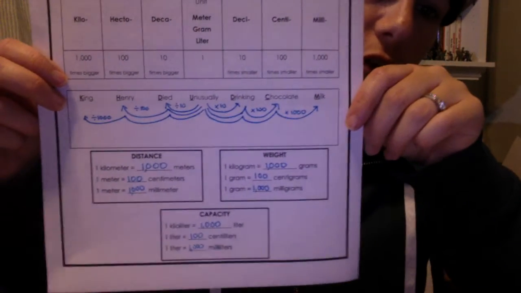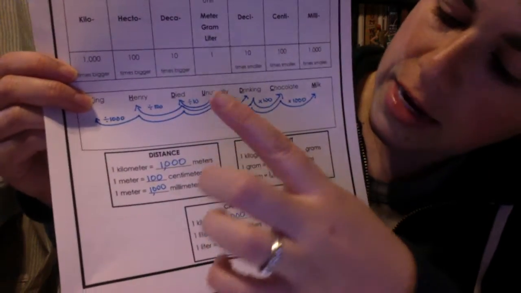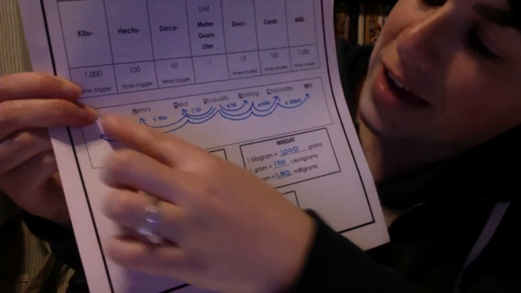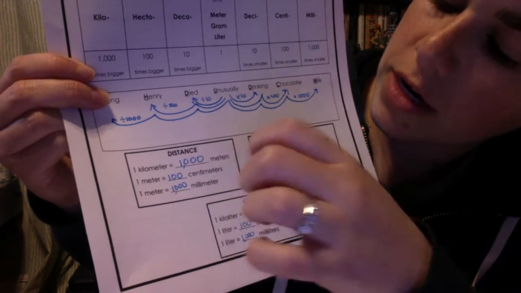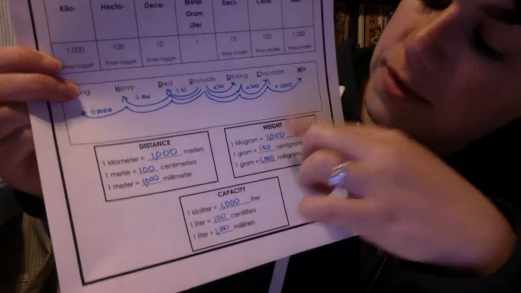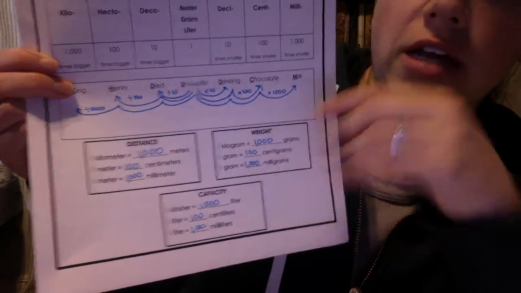I have a little chart filled out for you at the bottom. 1 kilometer is 1,000 meters. 1 meter is 100 centimeters, and 1 meter is 1,000 millimeters. The same thing is filled out for weight and capacity. Basically, you're going back and forth between multiplying and dividing by 10, 100, and 1,000.